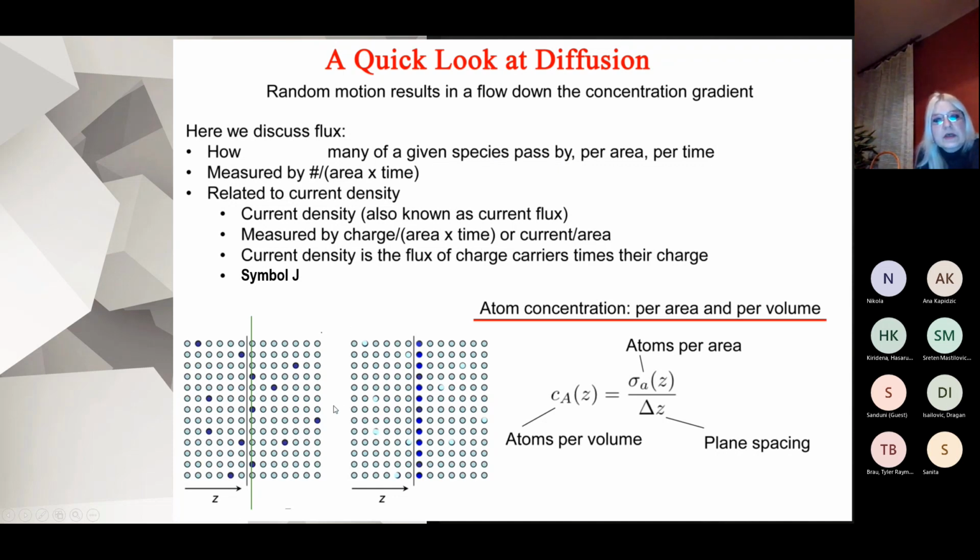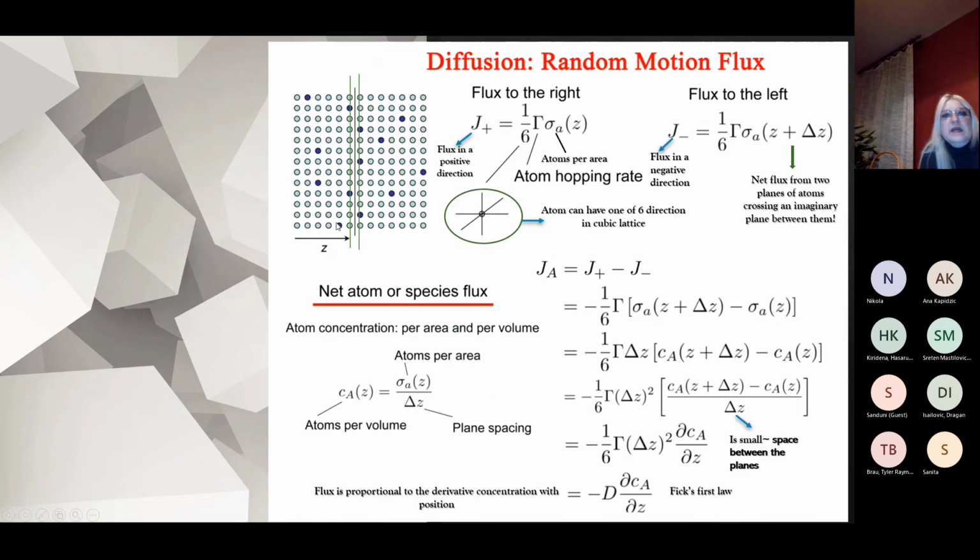And of course, when we say we have an imaginary plane, some atoms will shift to the right and some atoms will shift to the left side. That's how we define the flux to the right and also the flux to the left.